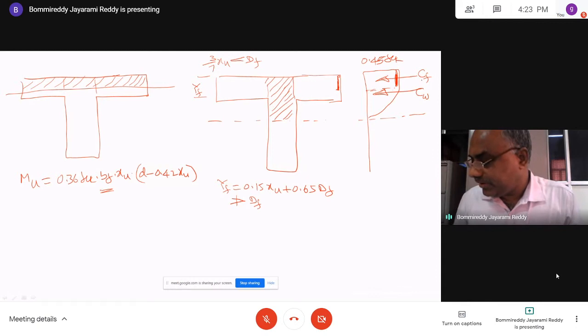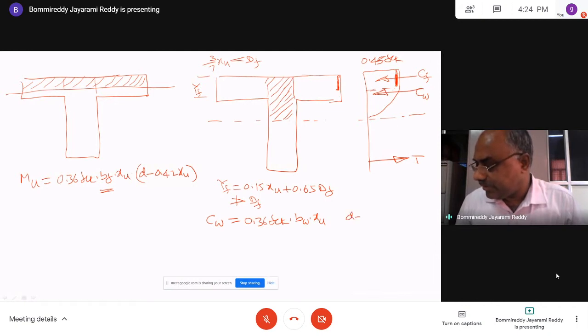The important thing here is that CW is the same whether it is singly reinforced or doubly reinforced, everything is the same. CW means 0.36 FCK BW into XU. Earlier we called it simply B, now it is BW. And what is the associated lever arm for this? The lever arm will be D minus 0.42 XU. If you want the moment, multiply this and this, and you will get the moment.